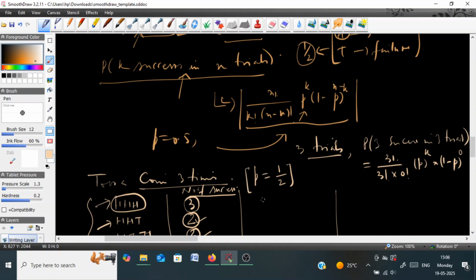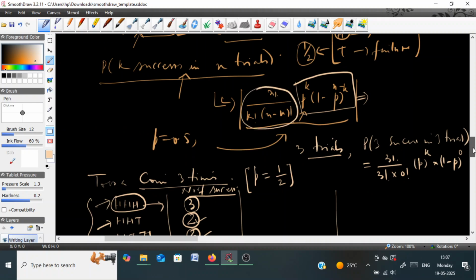Because I'm tossing a coin, the probability of success is 1 by 2 and the probability of failure is also 1 by 2. So this basically becomes 1 by 2 into 1 by 2 into 1 by 2. This is this term. If we have k successes, definitely we'll have n minus k failures. So the total probability will be p to the power k into 1 minus p to the power n minus k.